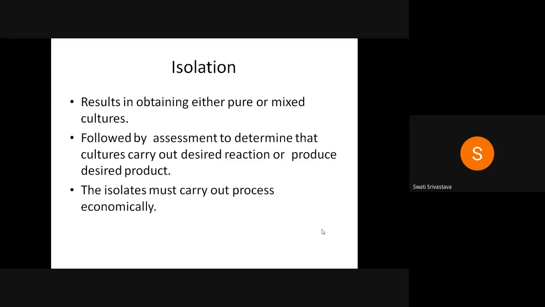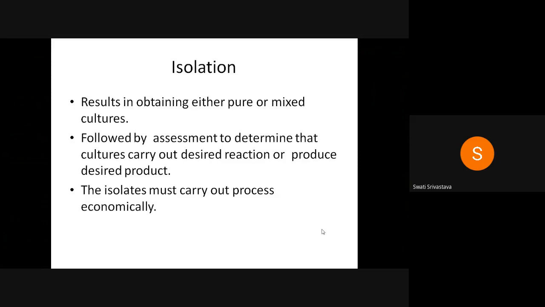Then, when you talk of things in industrial terms, the basic thing we are talking of is money or finance or economy. So the isolate, that organism that you have isolated, must carry out the process economically.